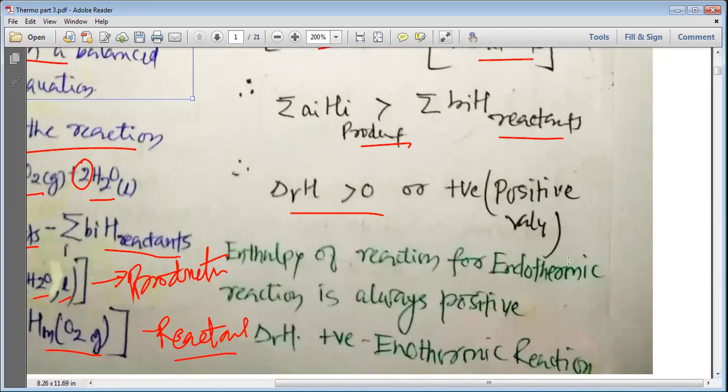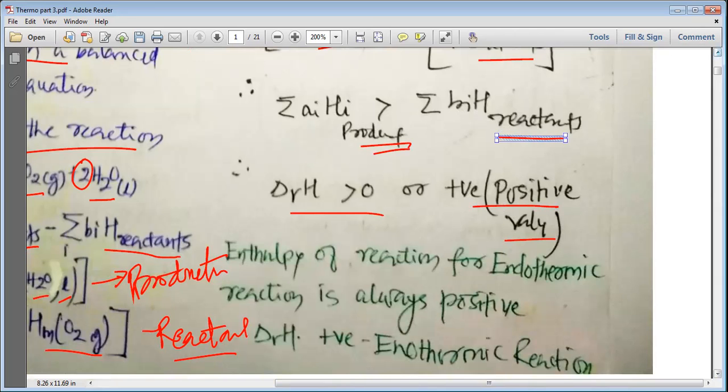For endothermic reactions, we can say that the enthalpy of reaction has positive values, because the value of Σ ΔfH of products is more than the value of Σ ΔfH of reactants.